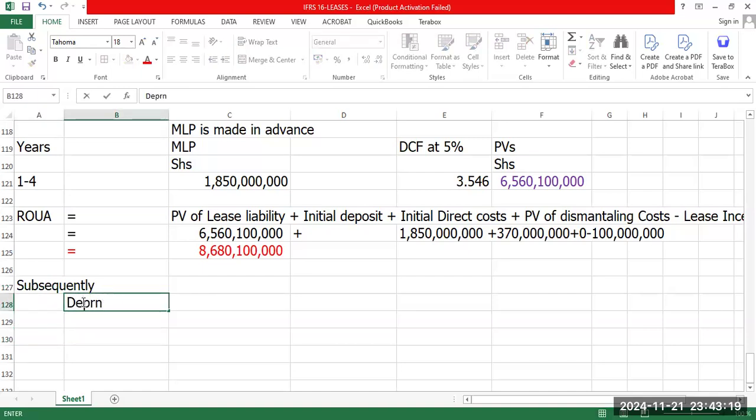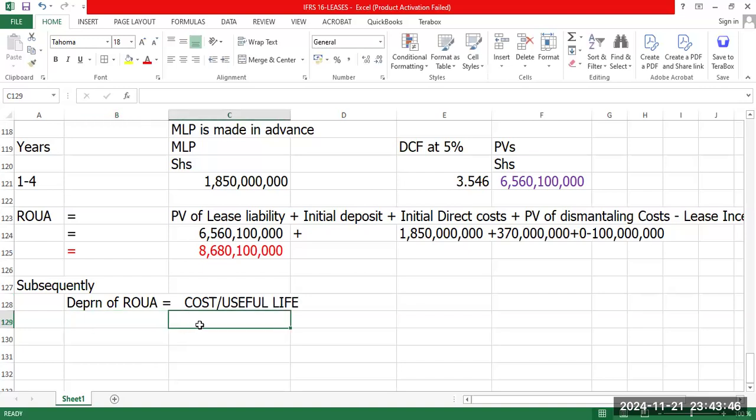Depreciation of right of use asset is equal to the cost divided by useful life, or if there is an option to purchase, then we use the useful life.